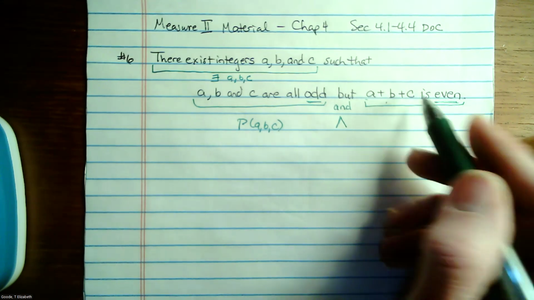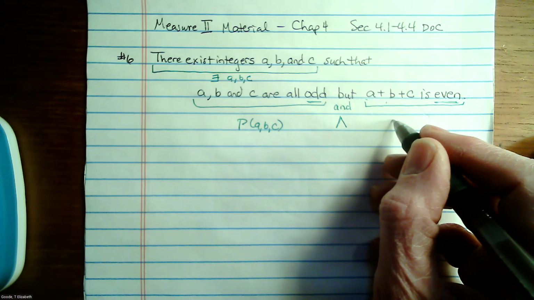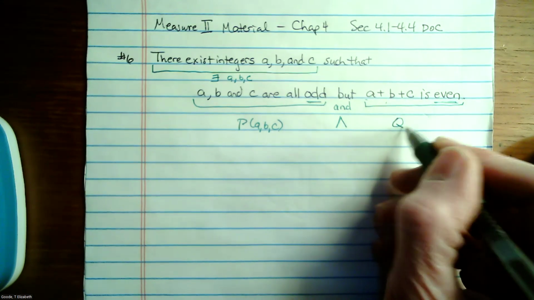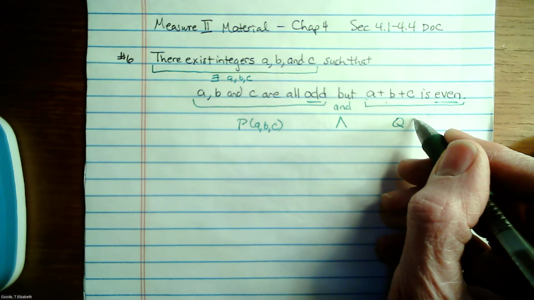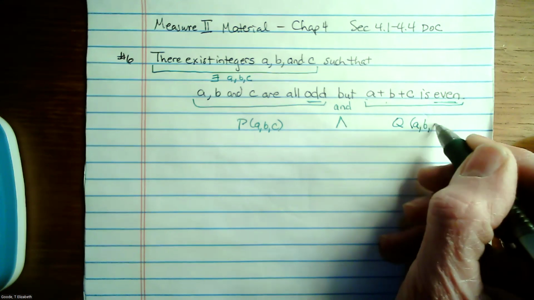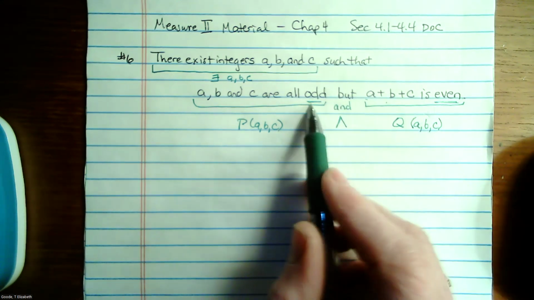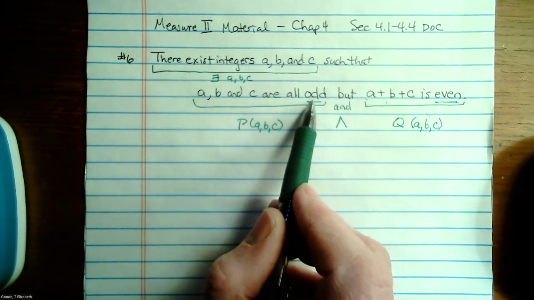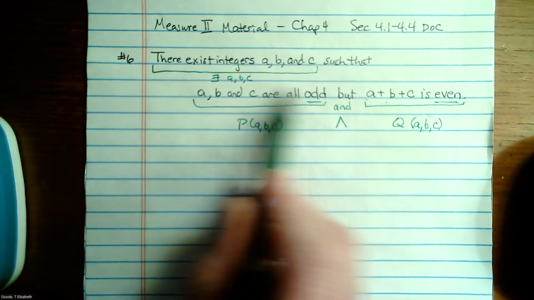See what I mean? So we want a different letter. So that's why you used Q of A, B, and C, because it's a completely different property. Even though both involve parity, talking about three different integers being odd, this is actually a compound predicate.